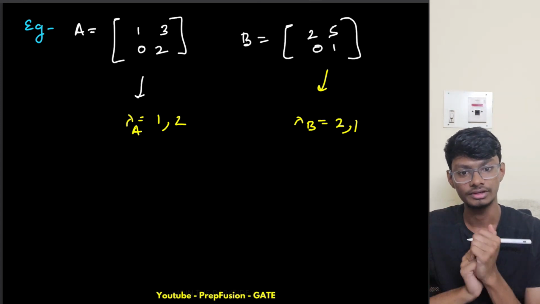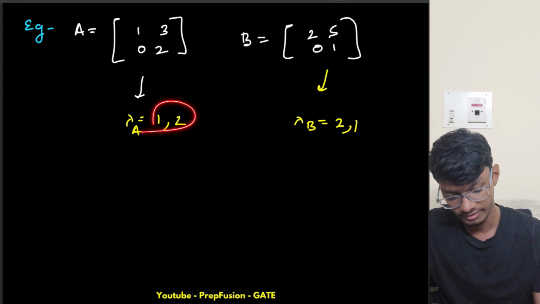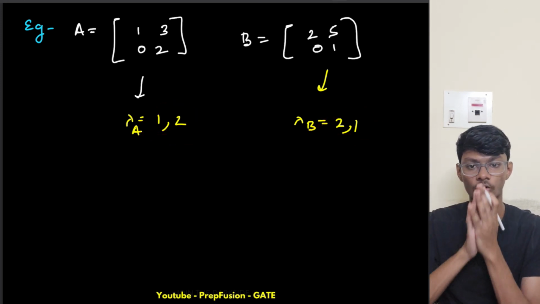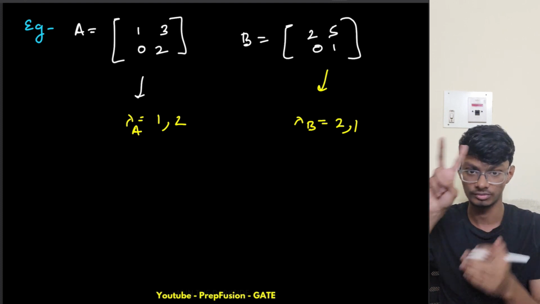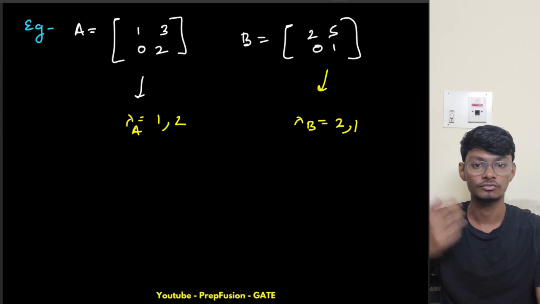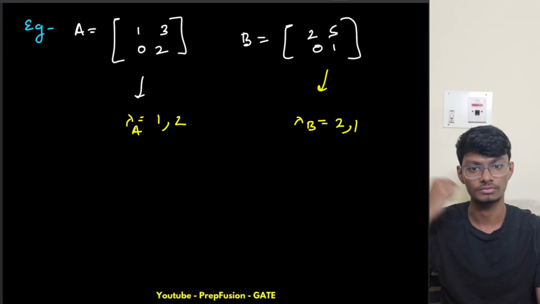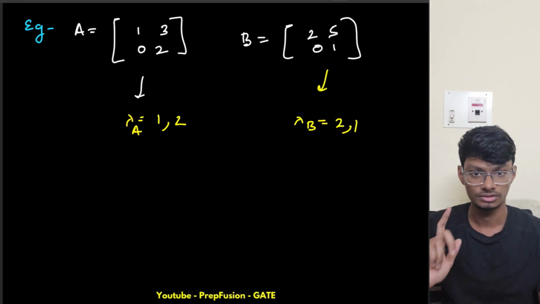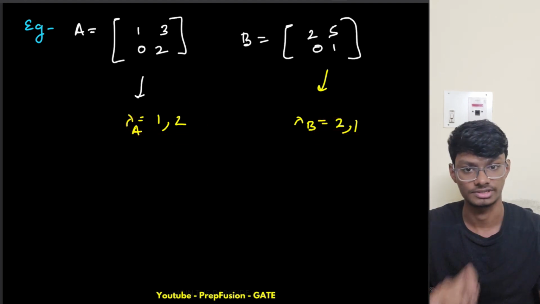Yes, they are. Why? Because the eigenvalues are distinct, so the eigenvectors will always be independent, so there will be two eigenvectors. If there was a repeated case of eigenvalues, then we would have to think about that, but as the eigenvalues are distinct, the number of eigenvectors is also the same.